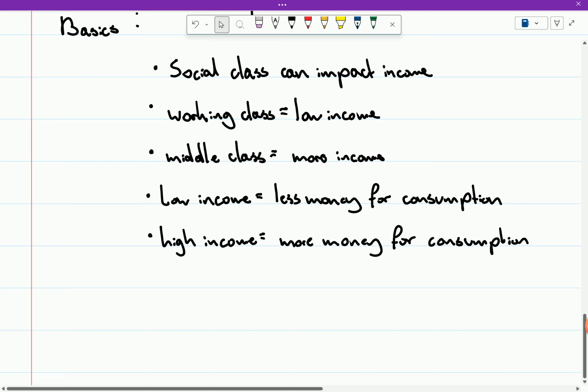Okay, so if working class have lower income, and that means less money for consumption, and then middle class have a higher income, more money for consumption, who has a reduced ability to engage in consumption in society? It'll be the working class.